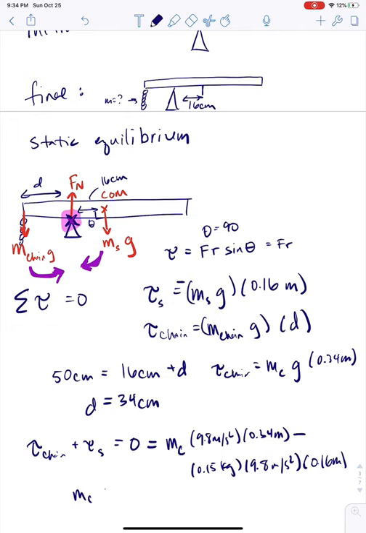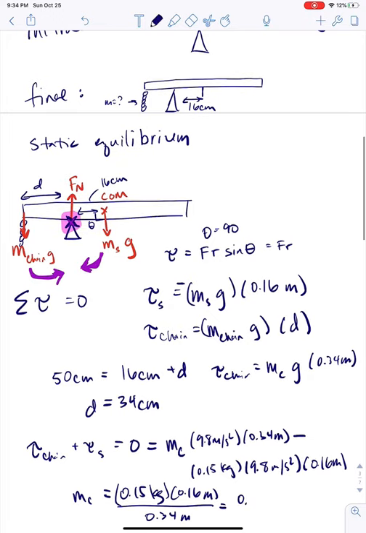So I find that my mass of my chain is 0.15 kilograms times 0.16 meters divided by 0.34 meters, and that gives me a mass of my chain of 0.0706 kilograms.